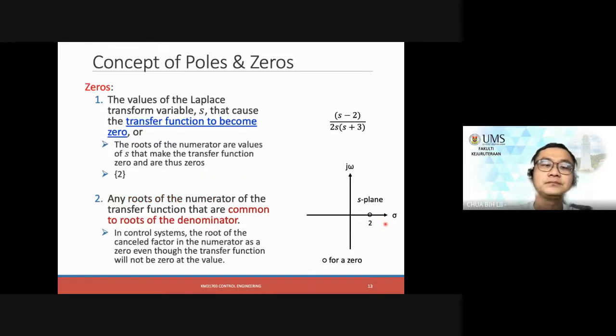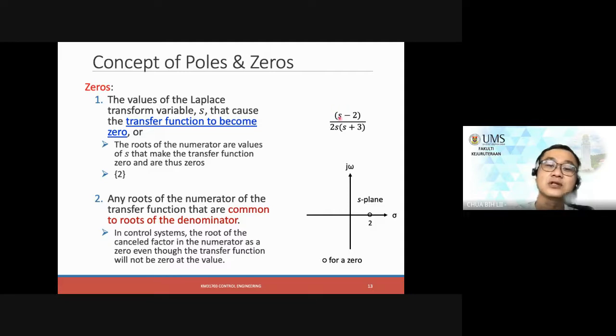Then next would be the zero. The zero is the one that turns the whole transfer function into 0, meaning the upper or numerator part. If you have s equals 2, then 2 minus 2 becomes 0. No matter what you have at the bottom, the whole transfer function still becomes 0.